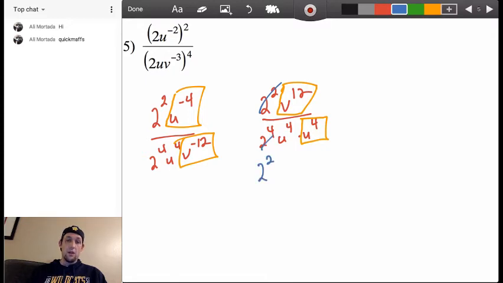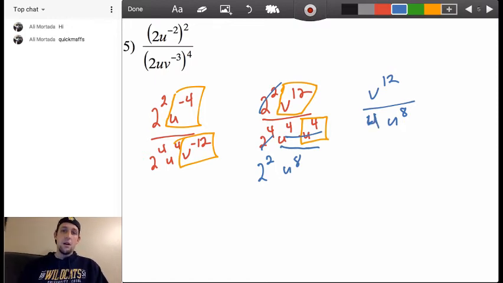Our v to the 12th will cancel with absolutely nothing because there's no other v's, and these 2 will get multiplied together because they're both in the denominator and they'll turn into u to the 8th. So we get v to the 12th, u to the 8th in the denominator, and 4, just a regular 4 down to my denominator because that's what 2 to the 2nd is.